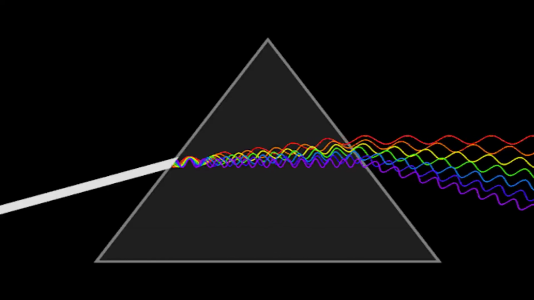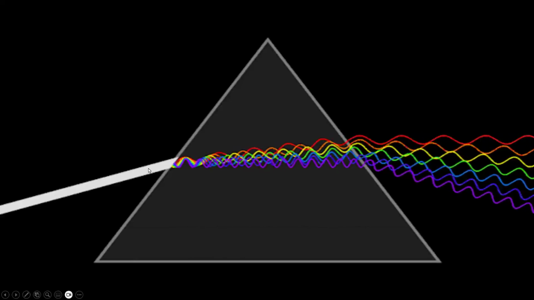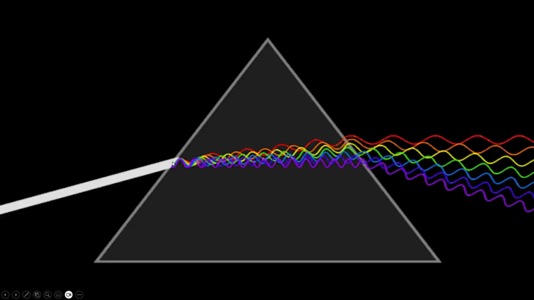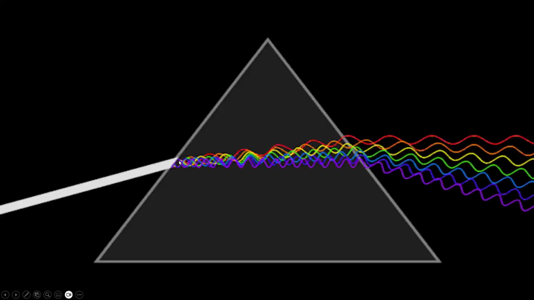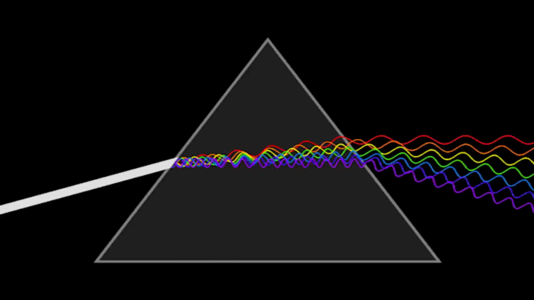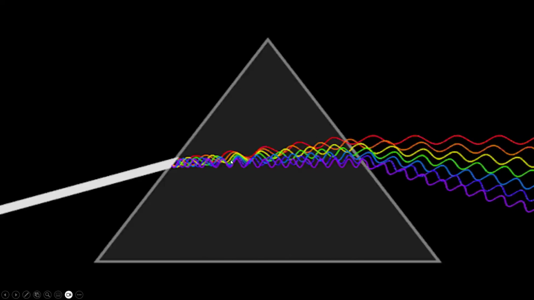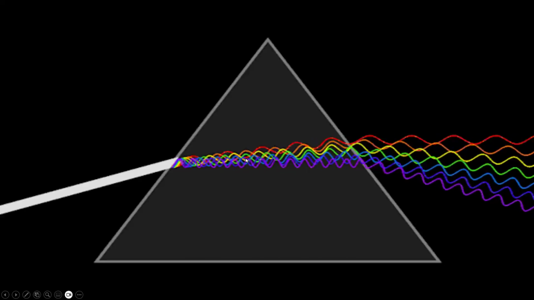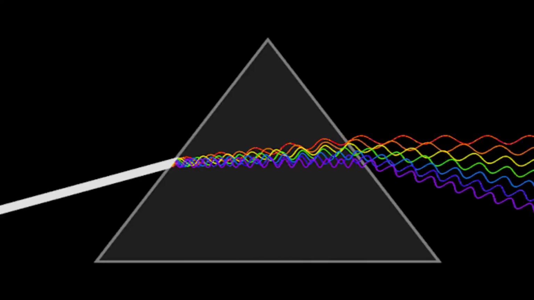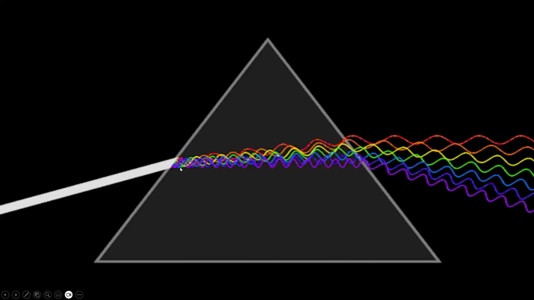Instead of reflecting, it would refract, which means that it would still pass through, but not at the same angle. Depending on the differences of the refractive indexes of those two mediums, the light would take a different angle, one way or the other.